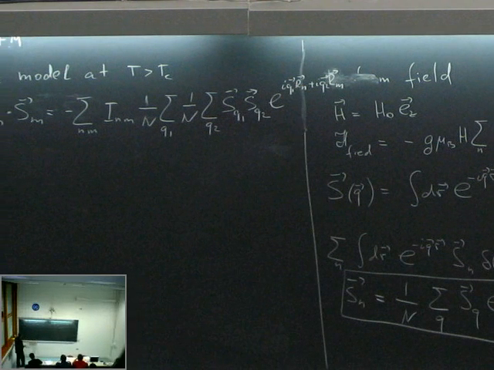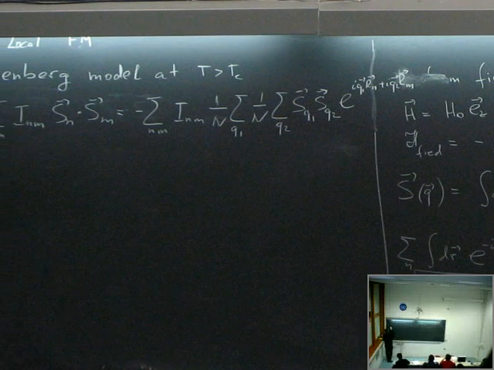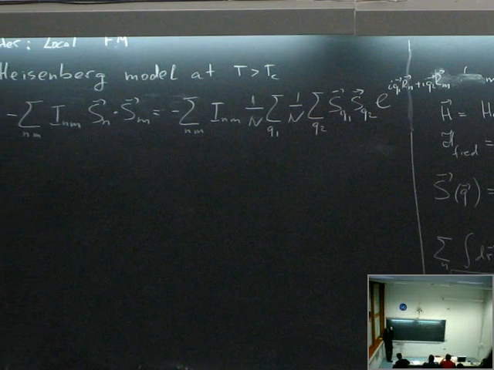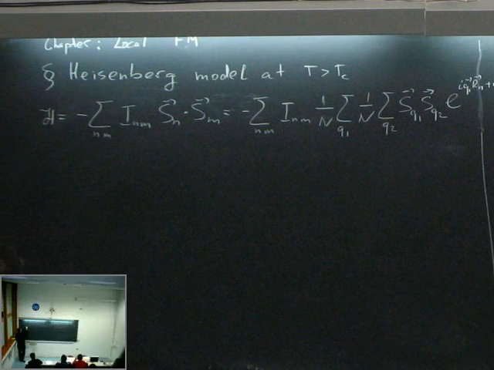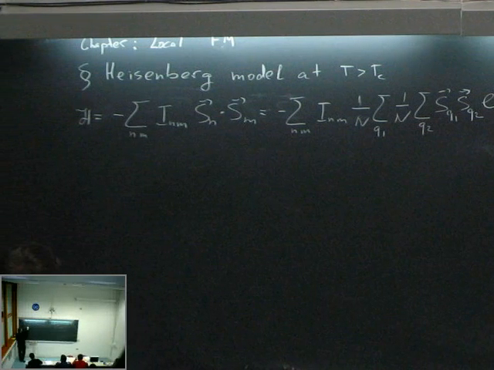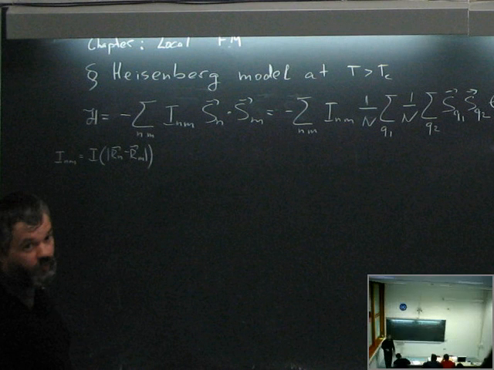So far so good, but then we recall that I_nm depends on the modulus R_n minus R_m. Therefore, instead of making the summation over all lattice sites, it's better to redefine our summation.